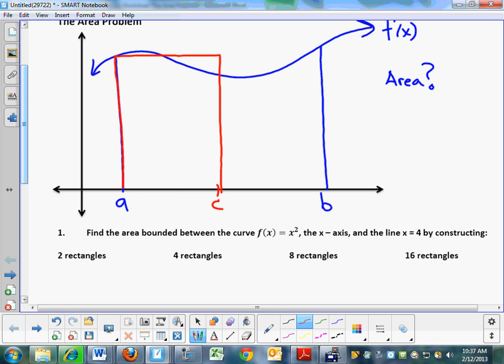So, say right here at C. And I draw it up to the function, then I draw it over. That looks like an underestimation. So maybe all together it would work out pretty well. But that would be what we would refer to as left-hand rectangles. We draw it on the left hand of the region.